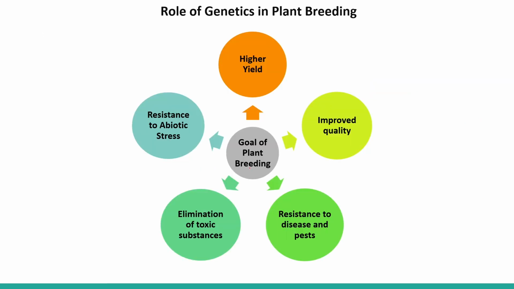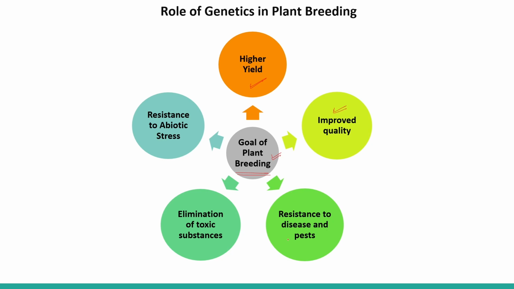Okay, so again, the goals of plant breeding techniques we can understand from here also. Higher yield, it is used for higher yield. Improved quality, we can improve the quality of the crop by plant breeding technique.